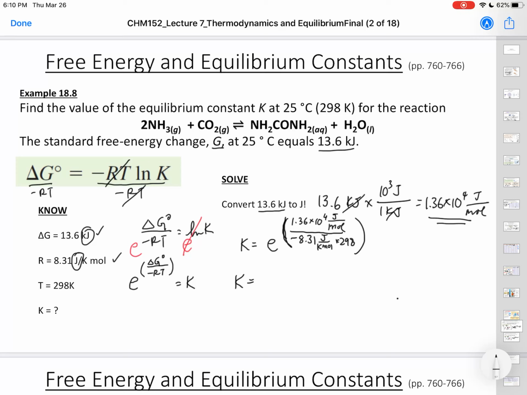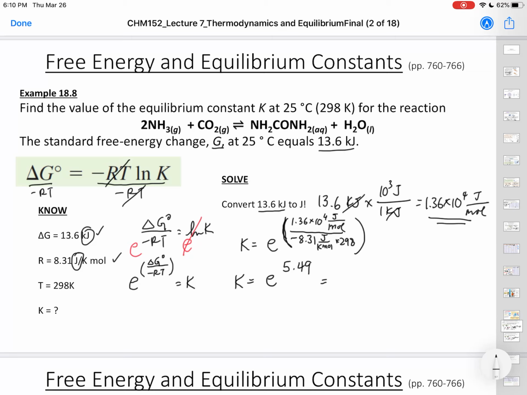You need to do all of the things in the parentheses first. So this is equal to 5.49.